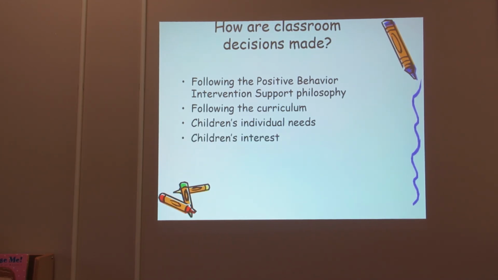We also look at children's interests. And children's interests may change throughout the day. That first snow flurry will always cause children to become interested in weather and snow. And then we look at the teacher's knowledge of child development. We know that children develop in a sequence.